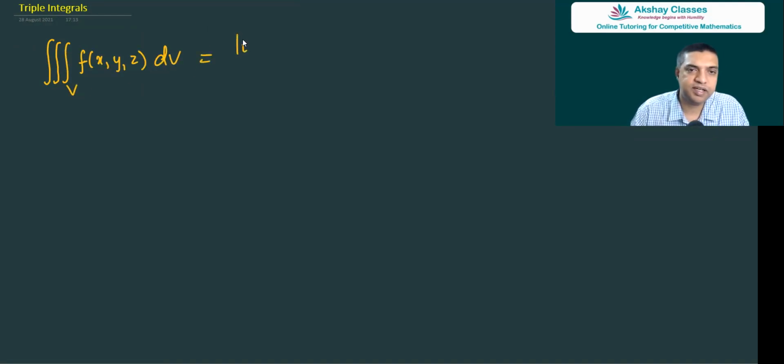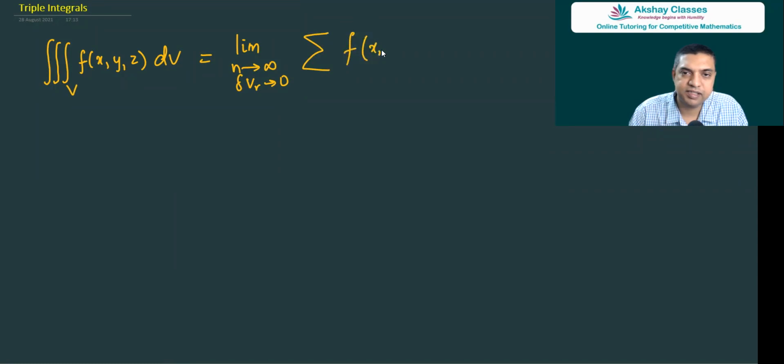So this is defined as limit n tending to infinity and delta volume tending to 0, sigma f of xr yr zr dvr, r equal to 1 to n. That means the whole volume.